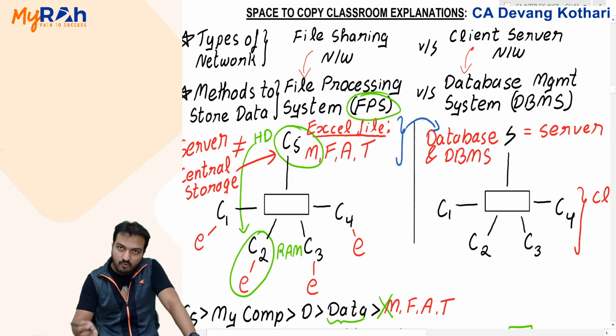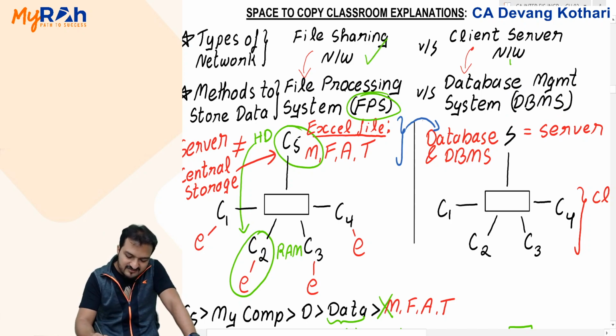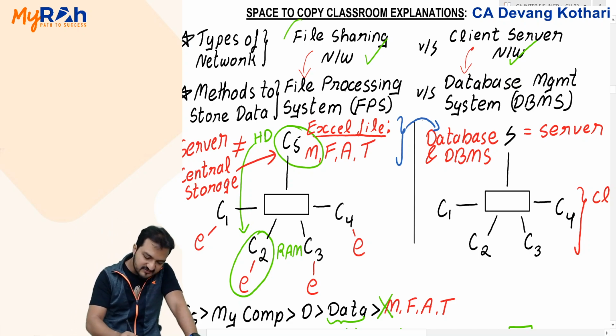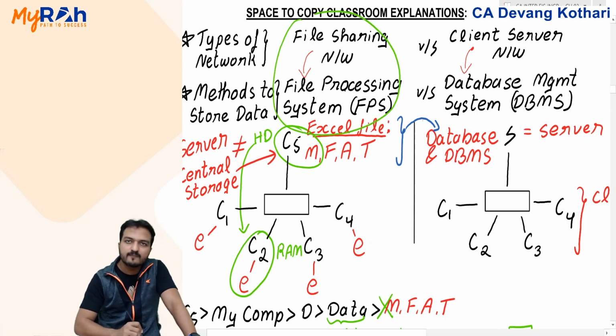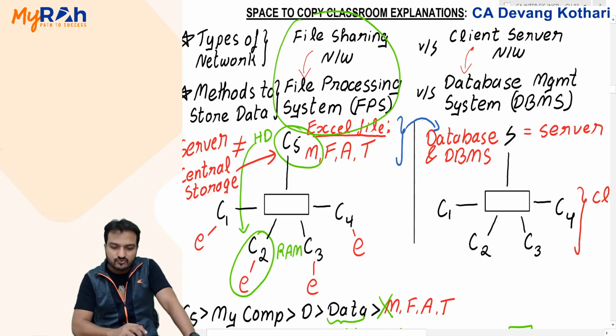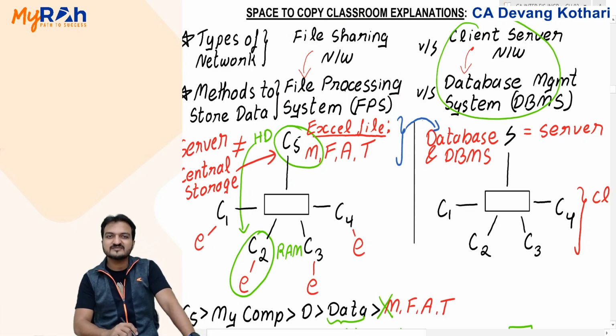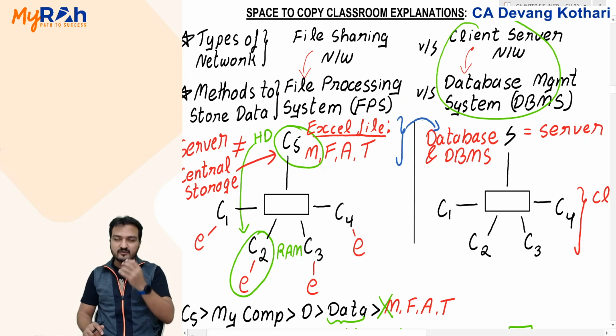And to learn both of them, you need to know where it is used. So think about it like this: file sharing network will always have data storage by the method of file processing system, while client server network will always have data storage by the method of DBMS.